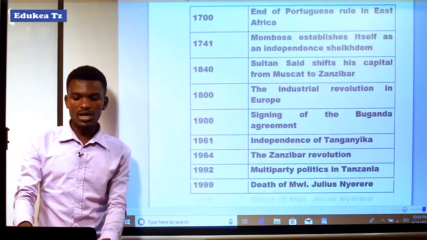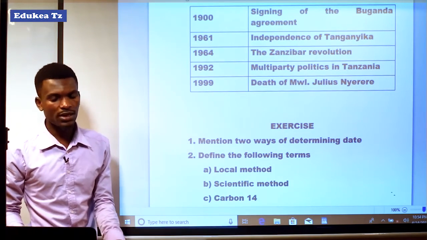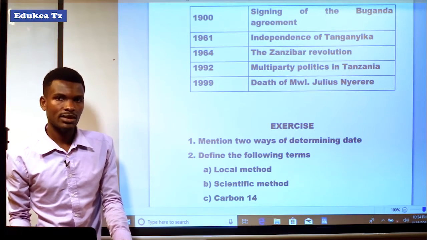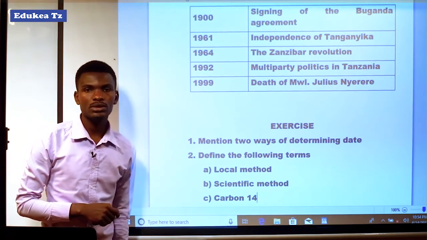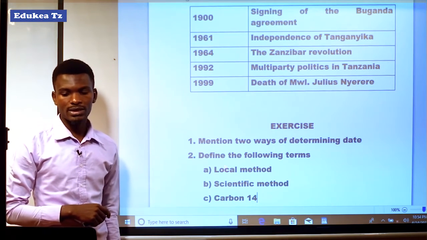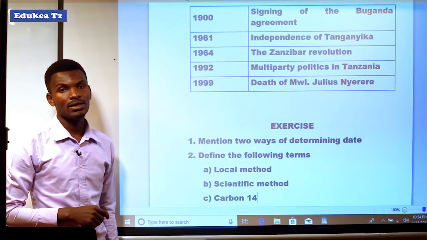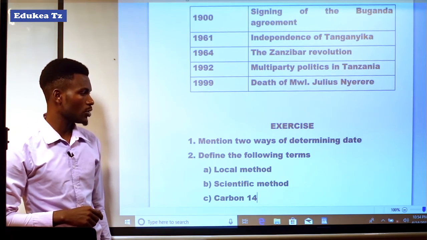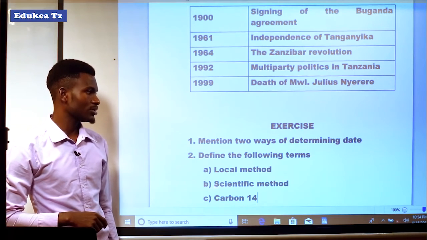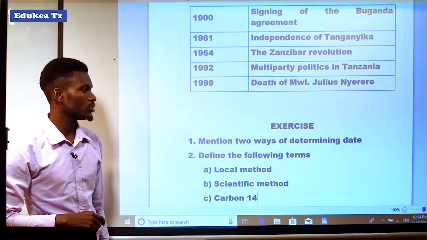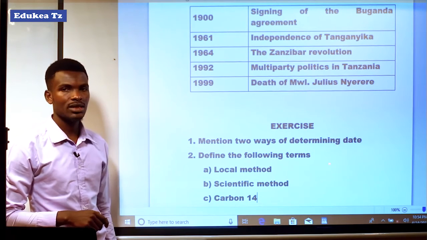So I would like to wind up there and give you an exercise which comprises 2 questions. Form 1 students, these are the questions which you are supposed to perform at the end of the topic, because this marks the end of our topic. The first question is: mention 2 ways of determining date.